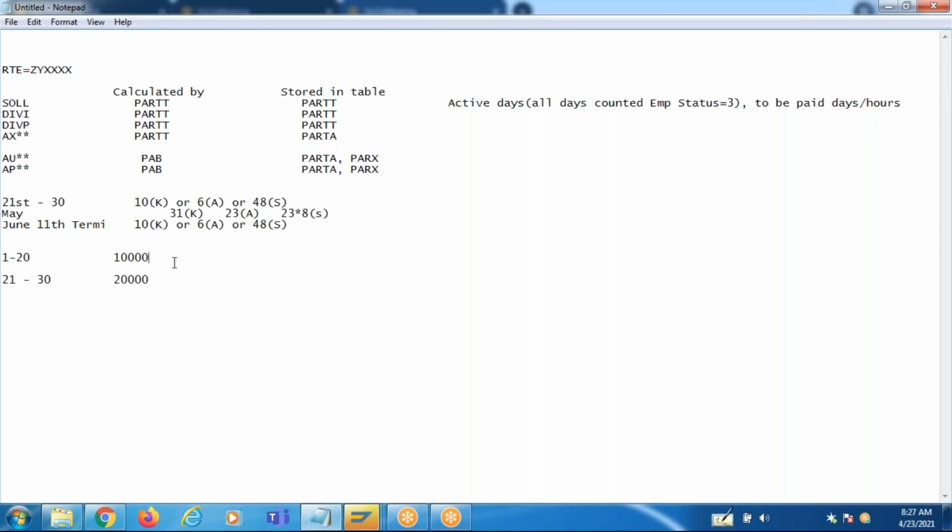How do you calculate the payment here? 10,000 divided by 30 into 20. Here again you are using calendar days. And 20,000 divided by 30 into 10.